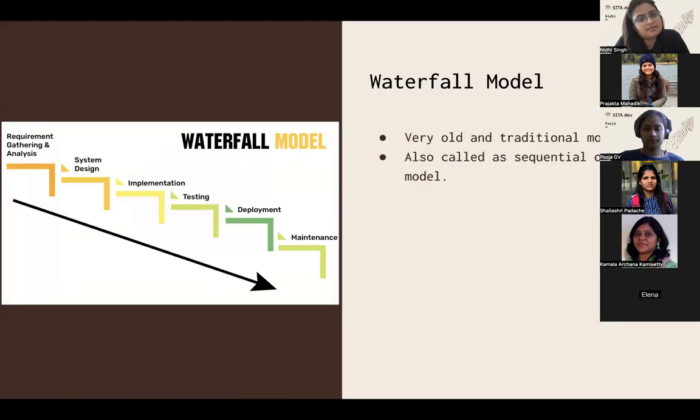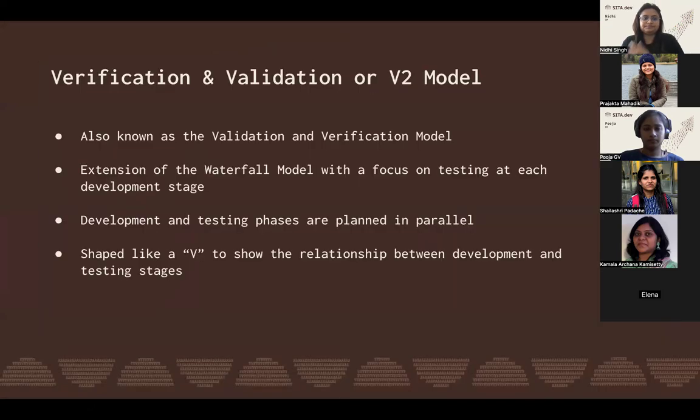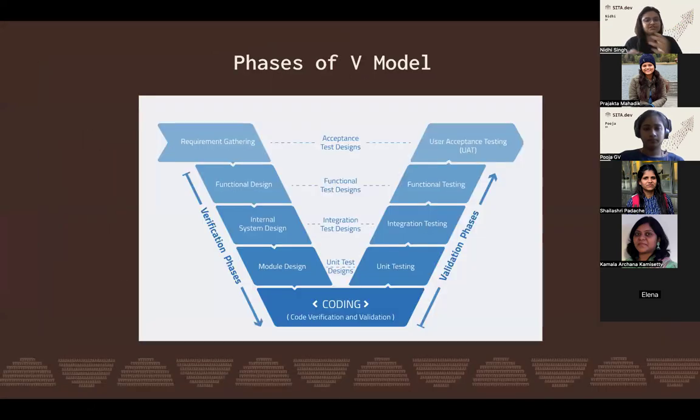Could you please explain the verification and validation difference once again? Yeah, sure. In simple words, verification means how we are building the software. This is process oriented, like what steps we are following for building the product. So process oriented is verification, and validation is product oriented.